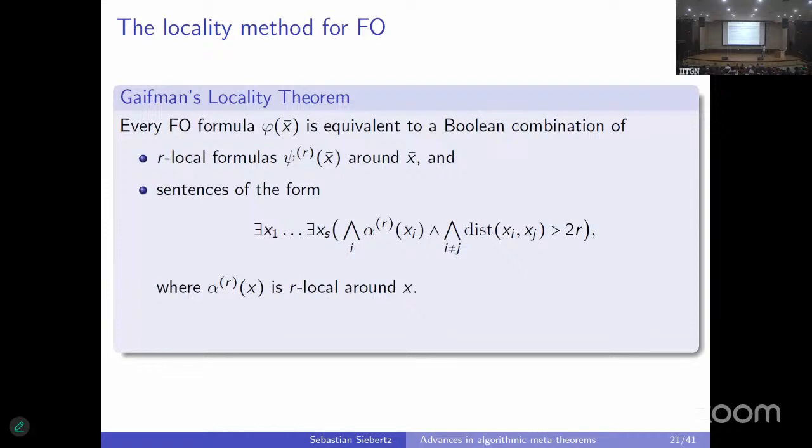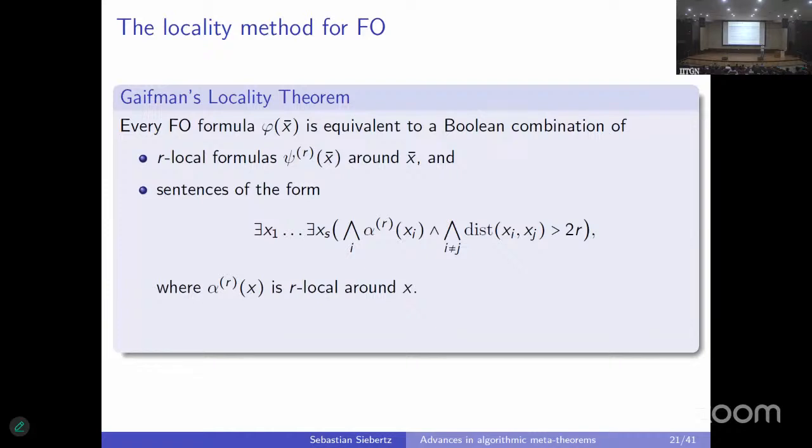And then you say these must be far away, so pairwise their distance must be greater than 2r, meaning the r-balls are disjoint. So again, you locally test for all the vertices with the local property, and then you look for an independent set of local balls that are distant.